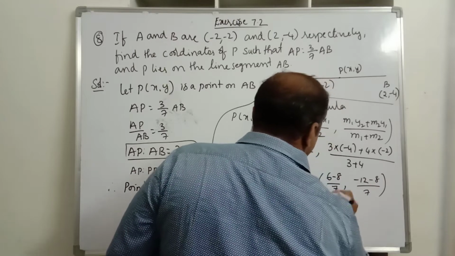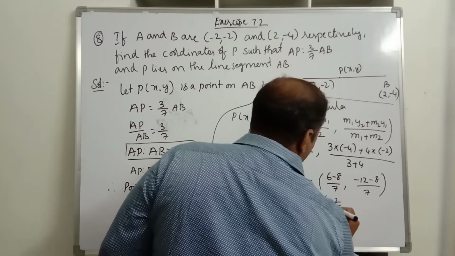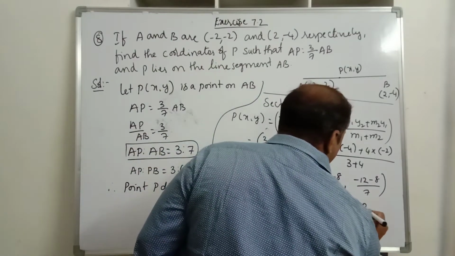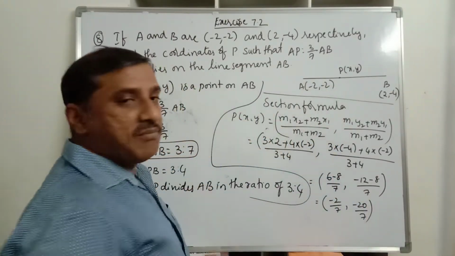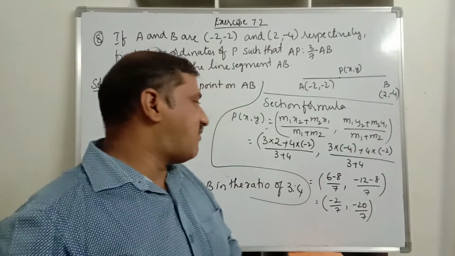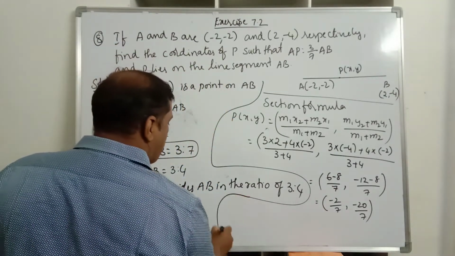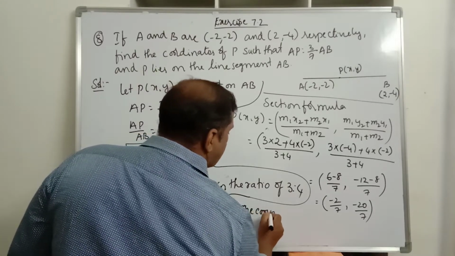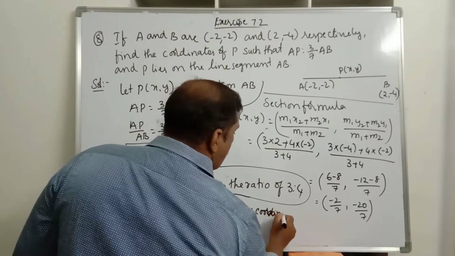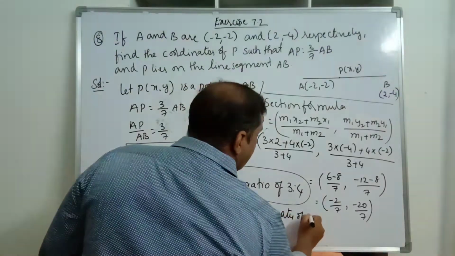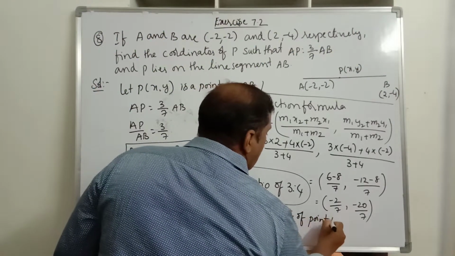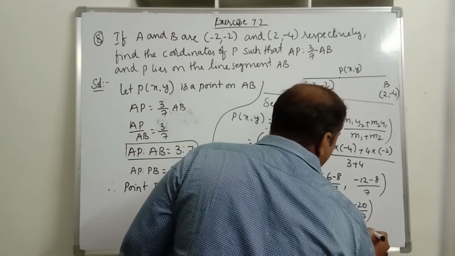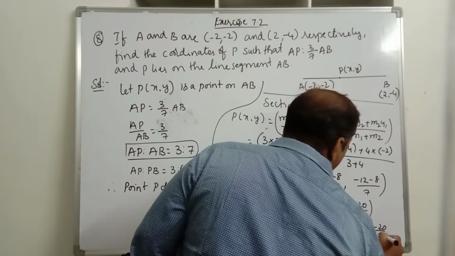That equals 6 minus 8, which is minus 2 by 7, comma minus 12 minus 8, which is minus 20 by 7.